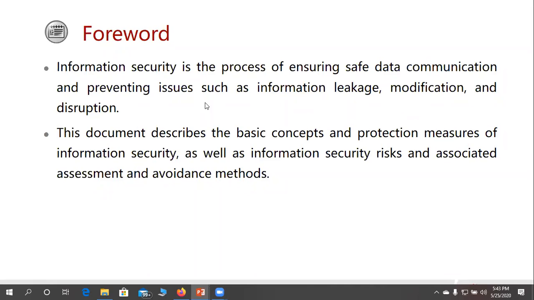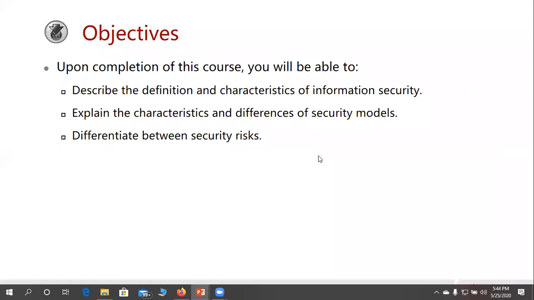This document describes the basic concepts and protection measures of information security, as well as information security risks and associated assessment and avoidance methods. The objectives.